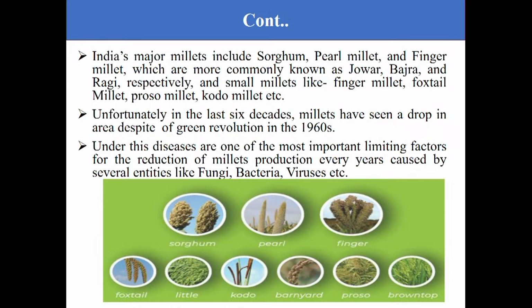Unfortunately, in the last 6 decades, millets have seen a drop in area despite the Green Revolution in the 1960s. Diseases are one of the major limiting factors that reduce millet production every year, caused by several entities like fungi, bacteria, viruses, and many other pests.